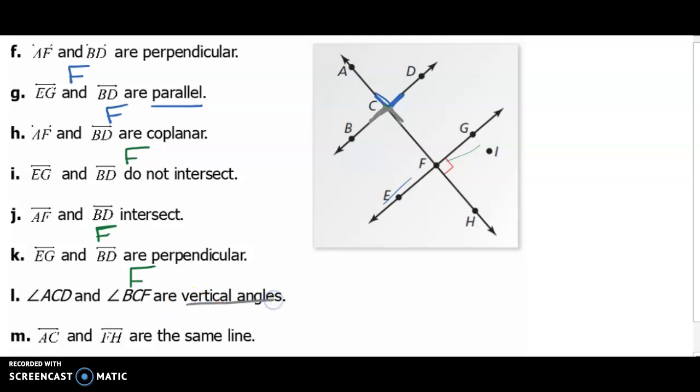So once again, do you know your vocab? They are vertical angles. Last is AC. So line AC, so this line here, and FH, which is this line here, are the same line? Yes, they are the same line, just with different names.